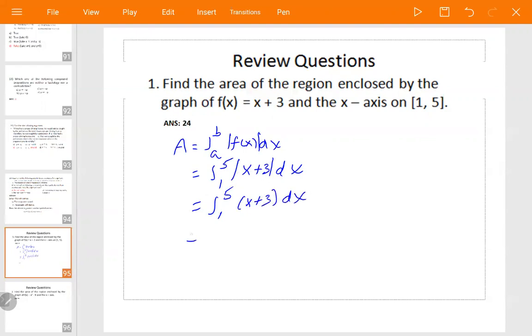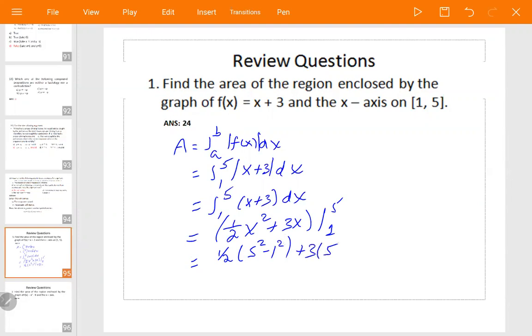And as you know, the integral of this is half x squared plus 3x. Then after, it will be a matter of evaluating this expression between 1 and 5. So I'll have half of 5 squared minus 1 squared plus 3 times 5 minus 1.